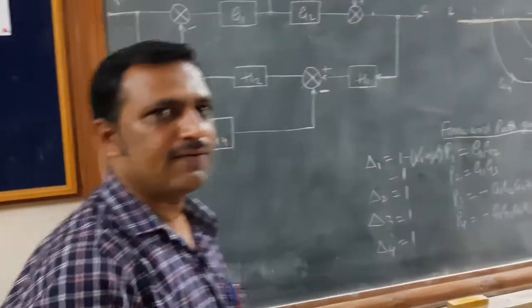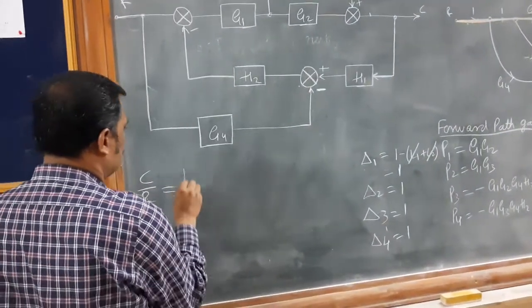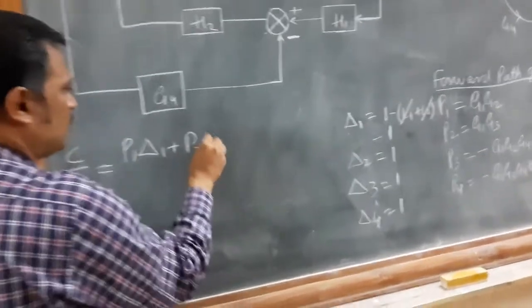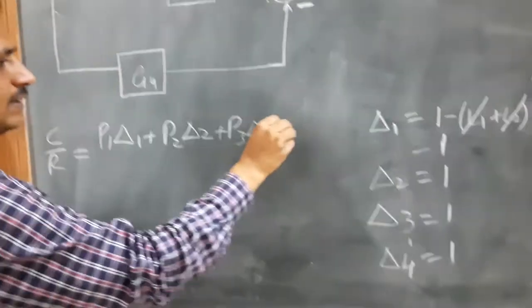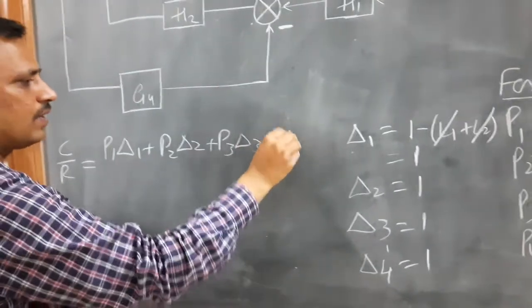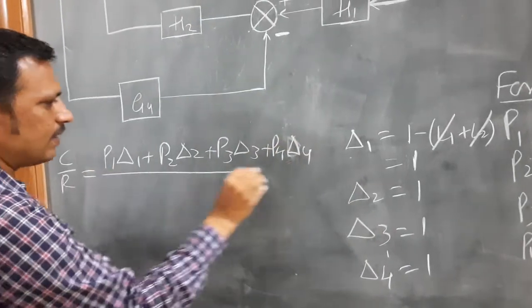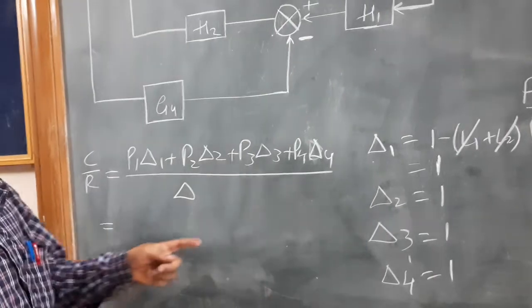by using Mason's gain formula, C by R is equal to (P1 delta 1 plus P2 delta 2 plus P3 delta 3 plus P4 delta 4) whole divided by delta. We just have to substitute all the values. What is the P1 value?